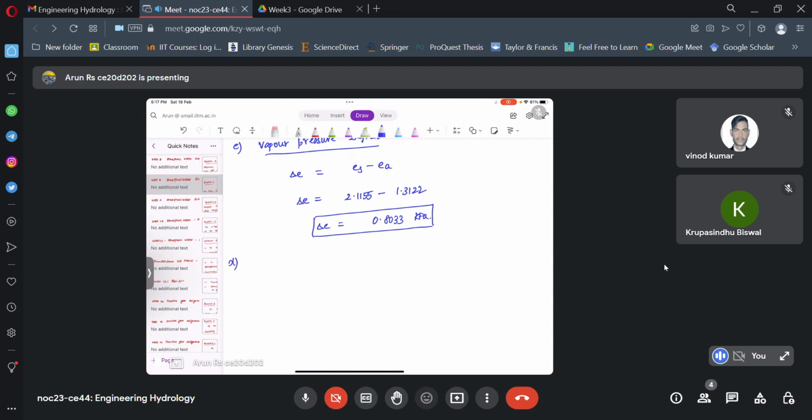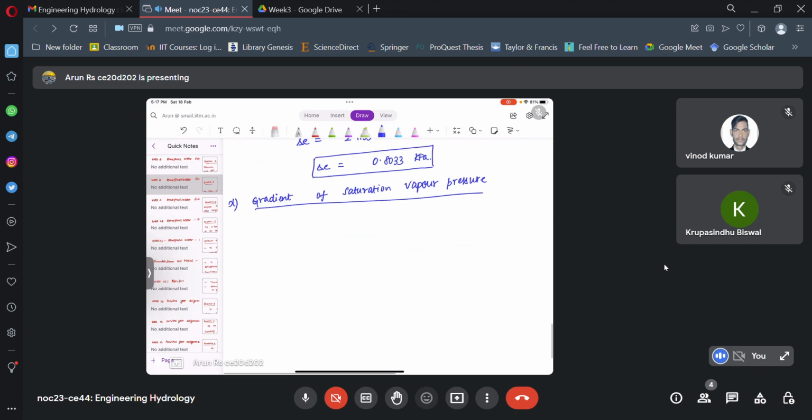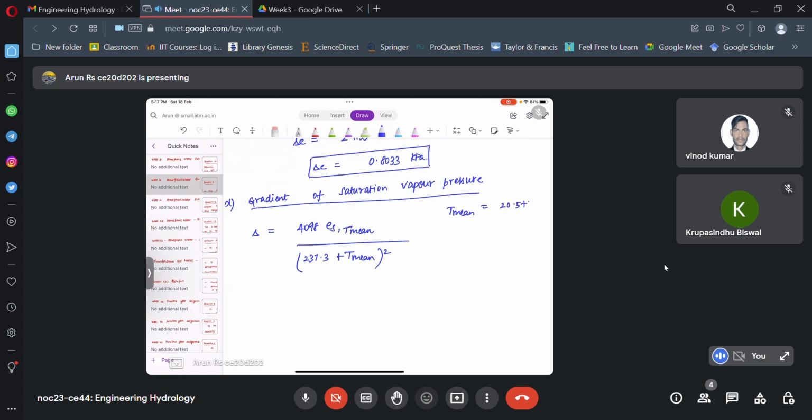So next parameter is calculation of vapor pressure gradient. So this is delta, 4098 into ES at T mean divided by, so T mean is 20.5 plus 16 by 2, 18.25 degrees centigrade.